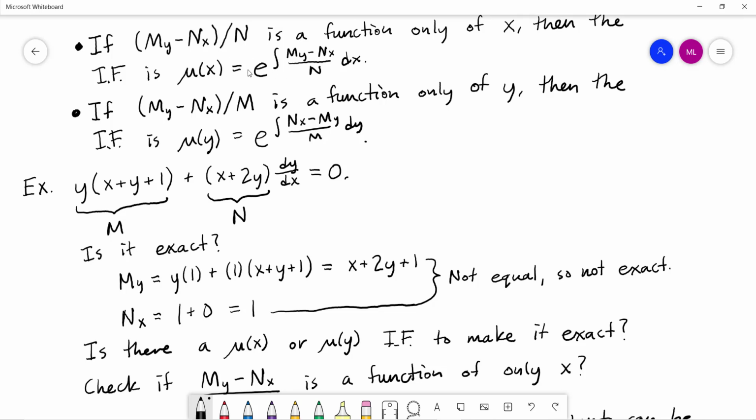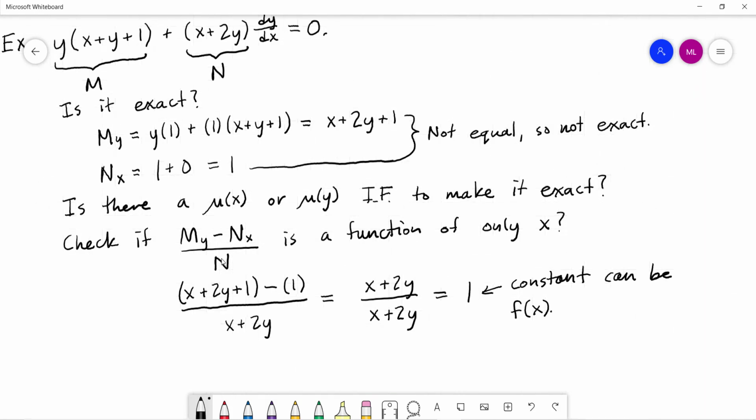So here is what our mu sub x is going to look like. It simply needs to be e to the integral of whatever we just found for our My minus Nx over N. We already found My minus Nx over N. It was simply 1.